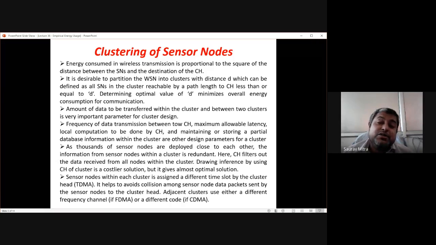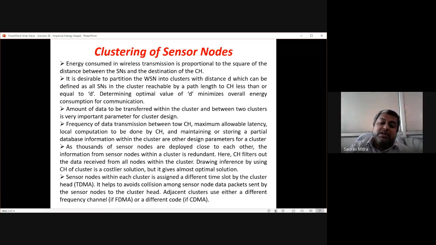But when one cluster is talking to another cluster, you cannot use that common frequency. That is the same thing that is said here. Sensor nodes within each cluster are assigned a different time slot by the cluster head. In this case, frequency is not shared; time is shared. It helps to avoid collision among the data packets sent by the sensor nodes to the cluster head.